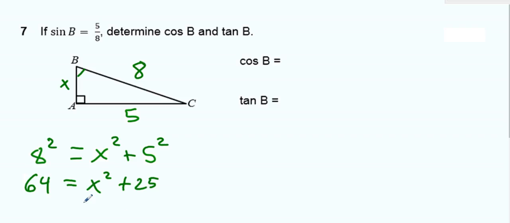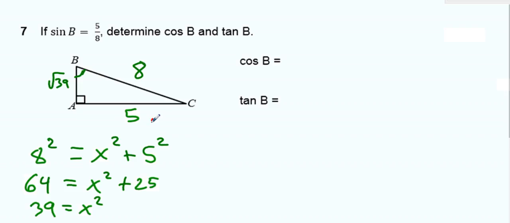Subtract the 25, you get 39. And then when you square root that, it's just square root 39. So we're looking from angle B for all of these.